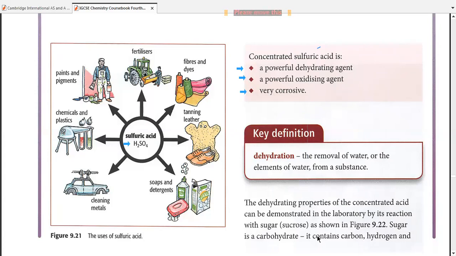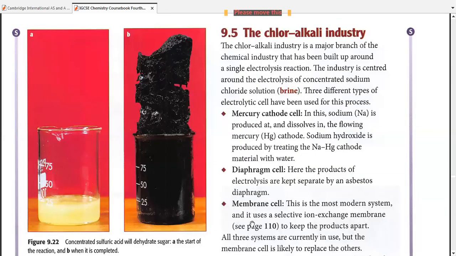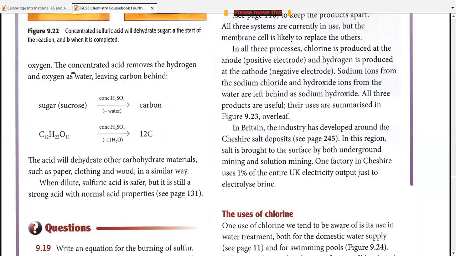Sugar is a carbohydrate. A carbohydrate by its definition contains carbon, hydrogen, and oxygen.